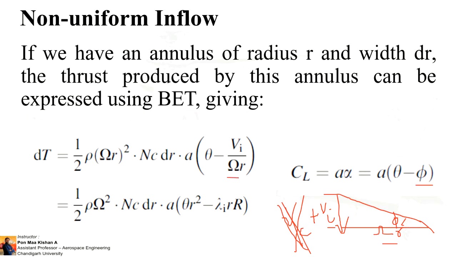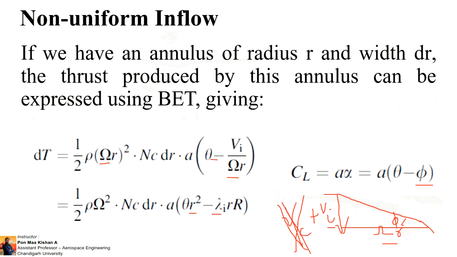Right. So if we introduce lambda i, if you see this equation, we are splitting omega r and r, small r. The small r is multiplied inside, so r means r power 2. When we multiply that r power 2 inside, we will get theta r power 2.